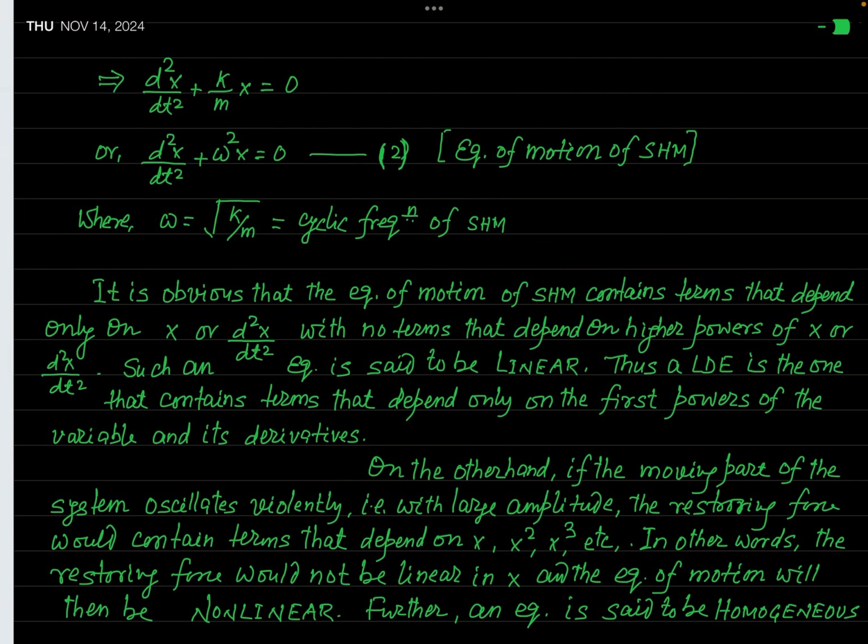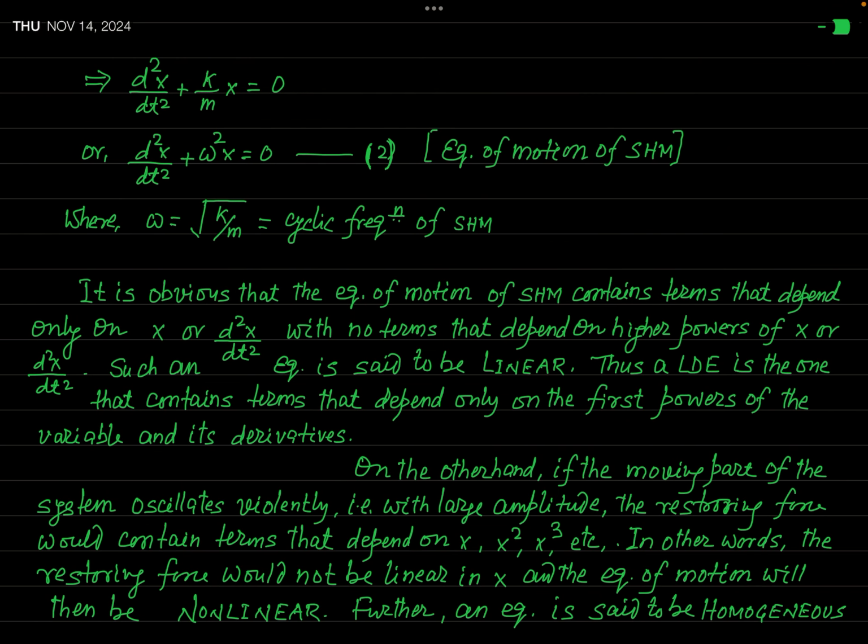And therefore, you can write that d2x by dt square is equal to minus k over m times x. And when you bring this term k over m times x to the LHS, this will become plus. So the equation of motion is: d2x by dt square plus k over m x equal to 0.